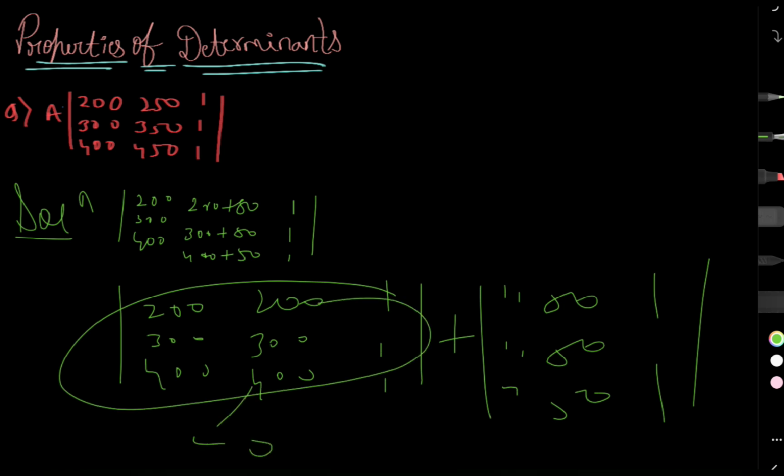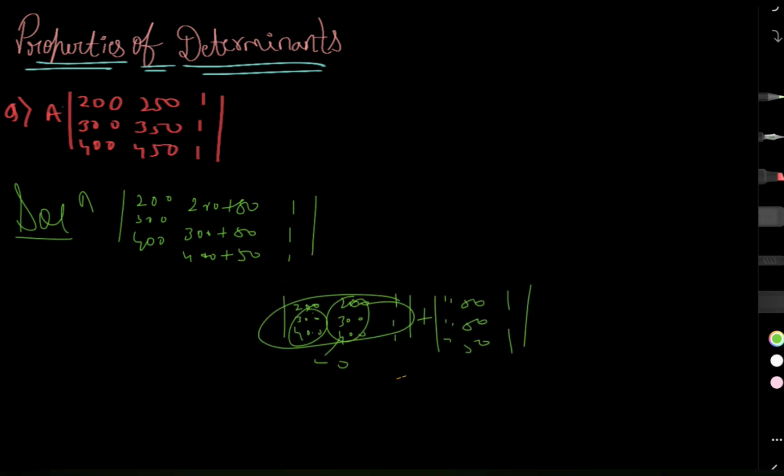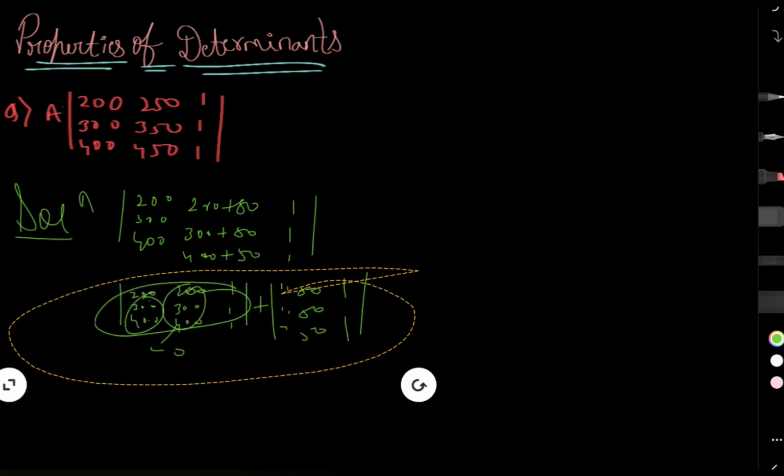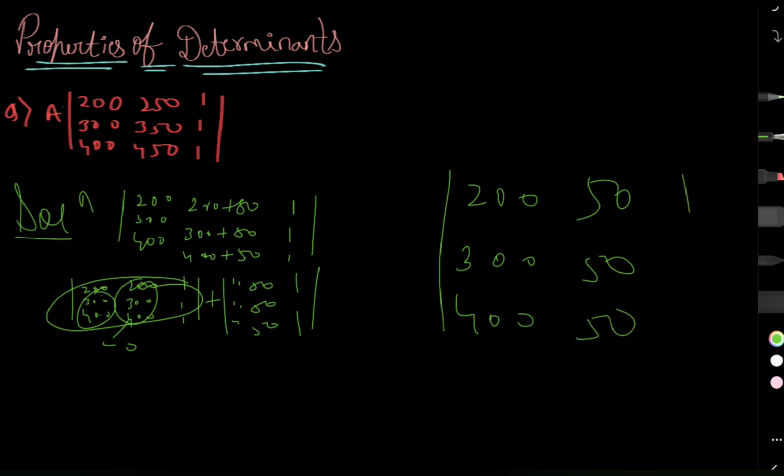Why 0? Because 200, 300, 400 here and 200, 300, 400 here, two columns are identical, so it will be 0. Then I am left with 200, 300, 400, 50, 50, 50, 111.